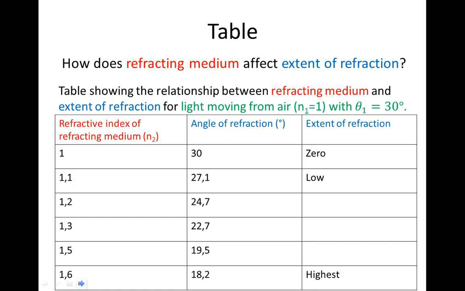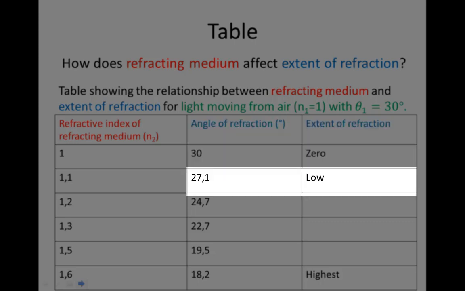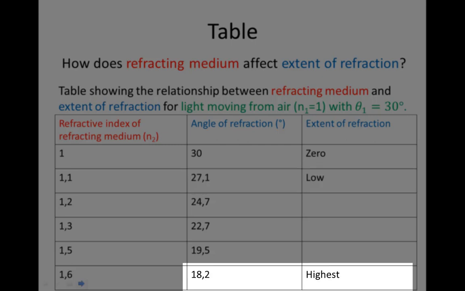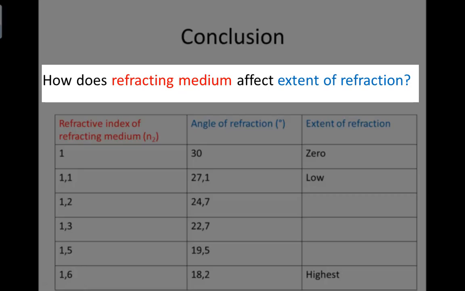In the case of the angle of refraction being 30 degrees, the same as the angle of incidence, there's zero refraction happening. 27,1 shows a low degree of refraction, and the highest extent of refraction that we're getting is for an angle of refraction of 18,2 degrees. The smallest number that we have for angle of refraction actually corresponds in this case to the highest extent of refraction.